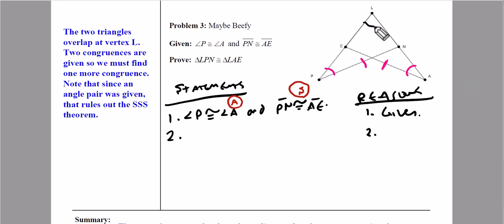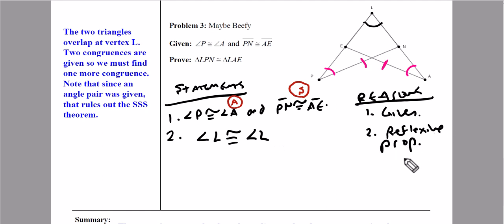So what I'm proposing to you is that angle L is angle L, because of a reflexive property. And this time it was a reflexive property for angles. I want you to see, oh, it can happen, right? That we could actually be sharing an angle, and it could be reflexive property.